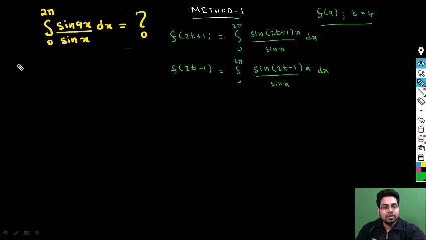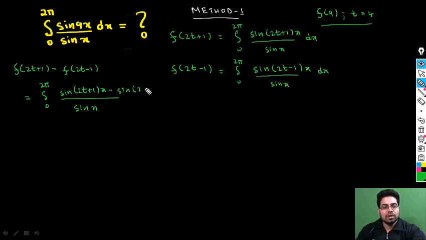Now if I do f of 2t plus 1 minus f of 2t minus 1, here I will get the integral from 0 to 2 pi, with sine x in the denominator, and in the numerator sine of (2t plus 1)x minus sine of (2t minus 1)x, dx.